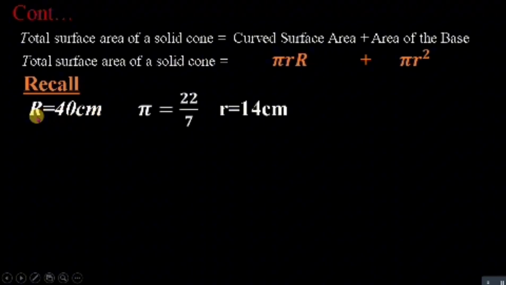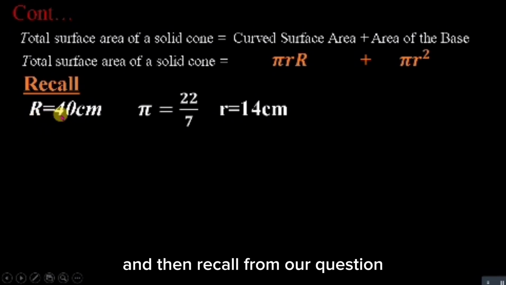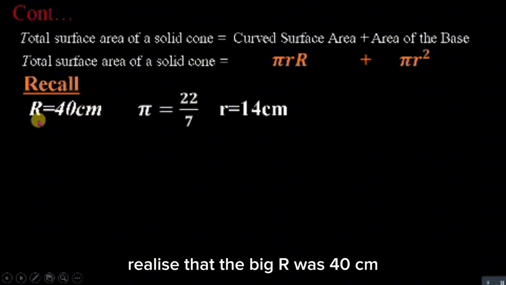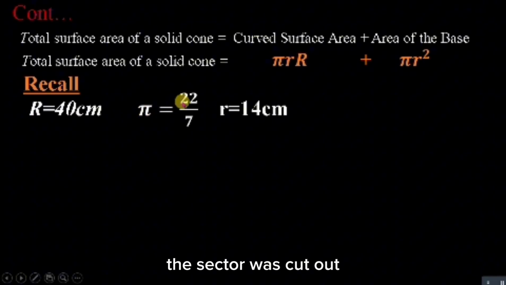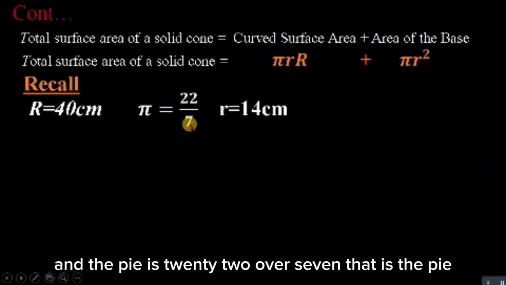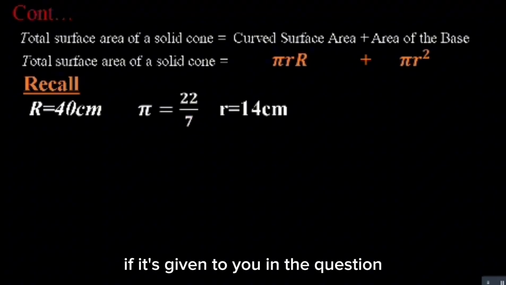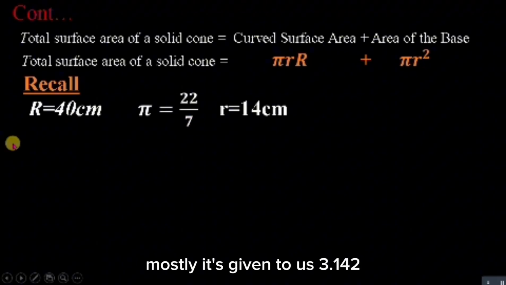The big R is the radius of the circle where the sector was carved out, and pi is 22 over 7. If it is given to you in the question, you will have to use that one. Mostly it's given to you as 3.142, so you can use that one. And the base radius we have found, correct to two significant figures, is 14 centimeters.